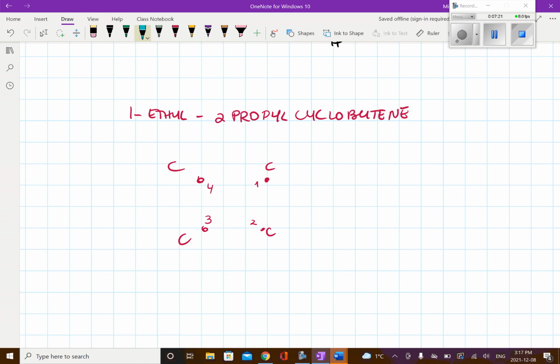I will draw it with a different color. So we'll have C2H5, and in the second position we'll have a propyl, so C3H7, and then here we will have a double bond, so it will be something like this.